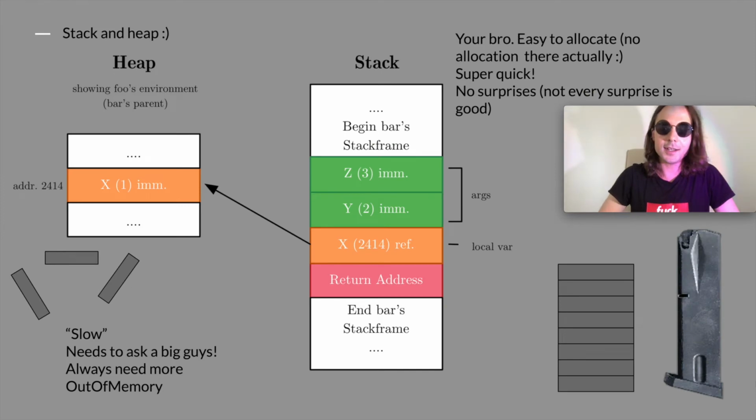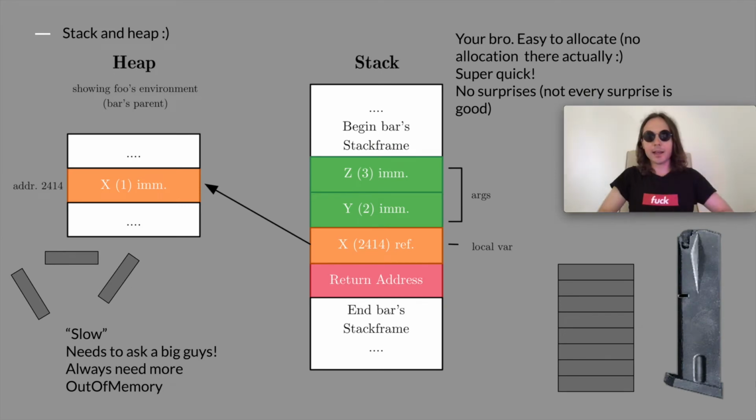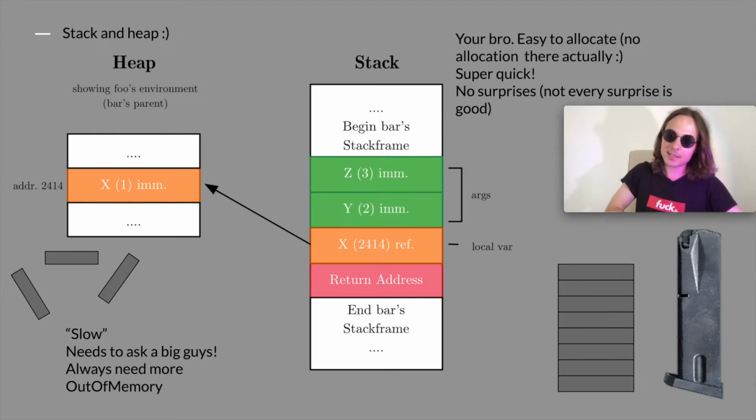Stack and heap are two ways we organize the memory of an application. Stack is like a pistol clip. So when you push some variable inside, you will actually retrieve that last.